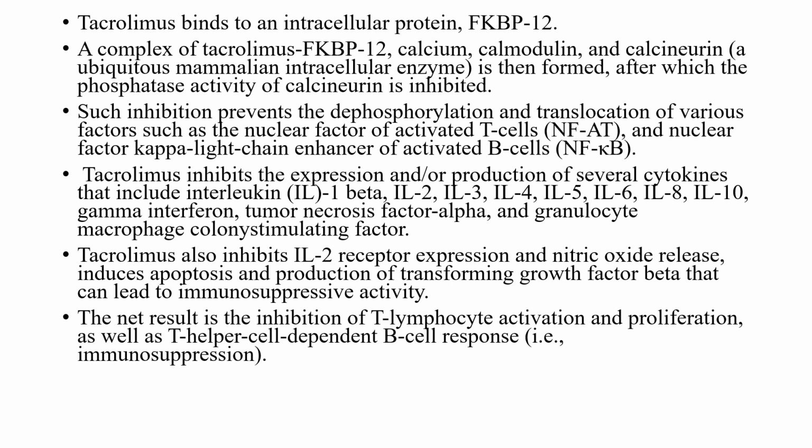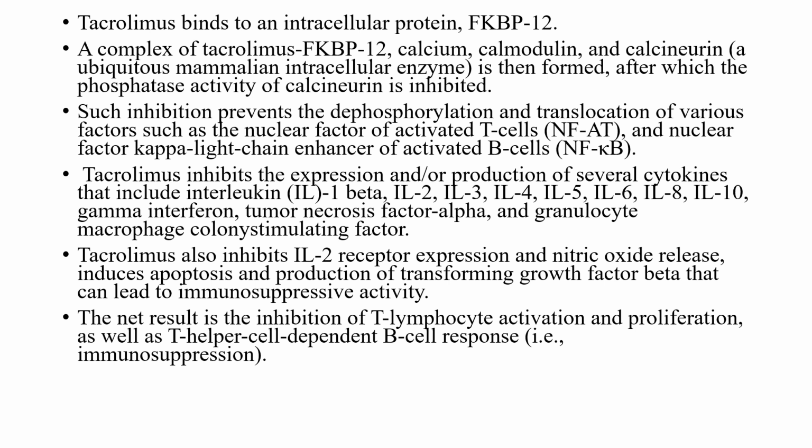In turn, because this is not happening, it will further inhibit the production and expression of several cytokines like interleukin 1, 2, 3, 4, 5, 6, 8, 10, gamma interferon, tumor necrosis factor alpha, and granulocyte macrophage colony stimulating factor. It also inhibits the expression of interleukin 2 and nitric oxide release.